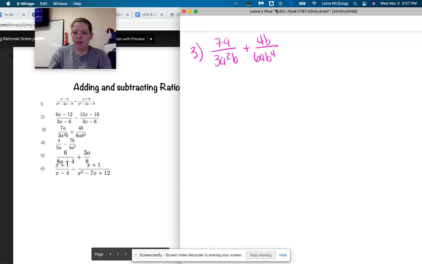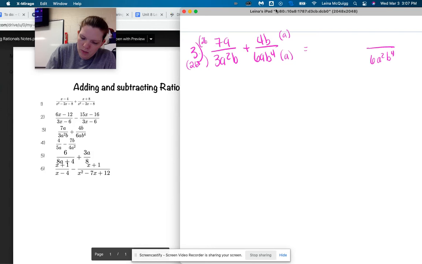If I multiply this side by a, that would give me 6a squared b to the 4th. And then I can make this side look like that by multiplying it by 2b to the 3rd.